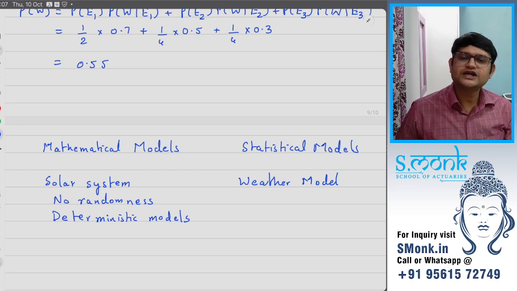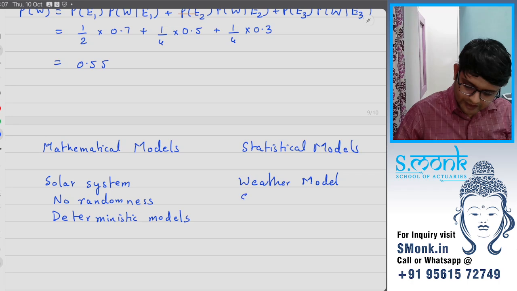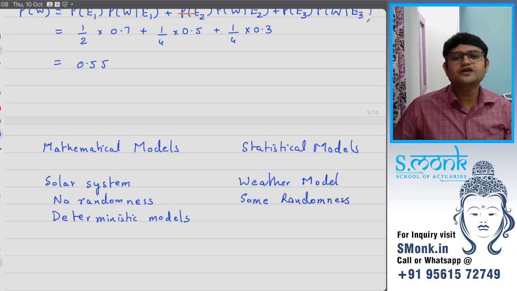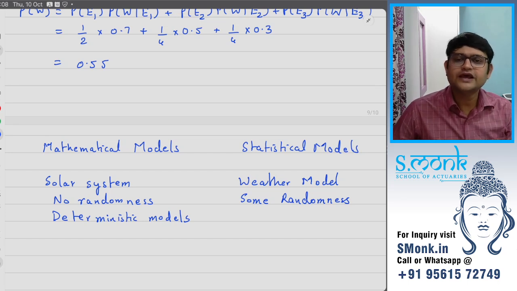But when it comes to a statistical model, there is some randomness. Some people believe the randomness comes because we don't understand all the elements of it.